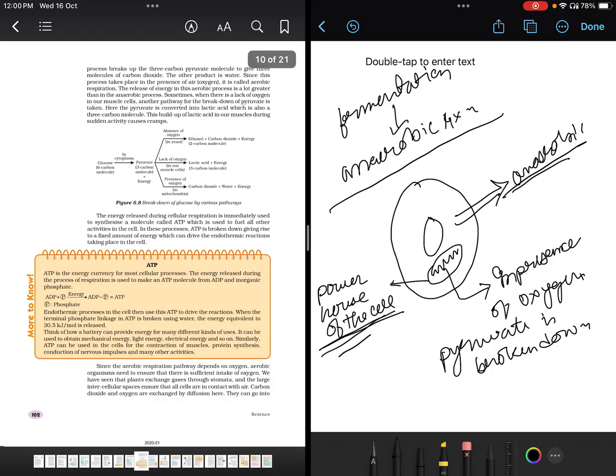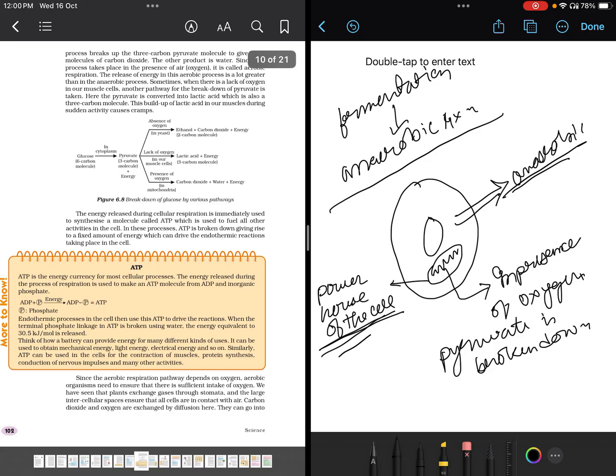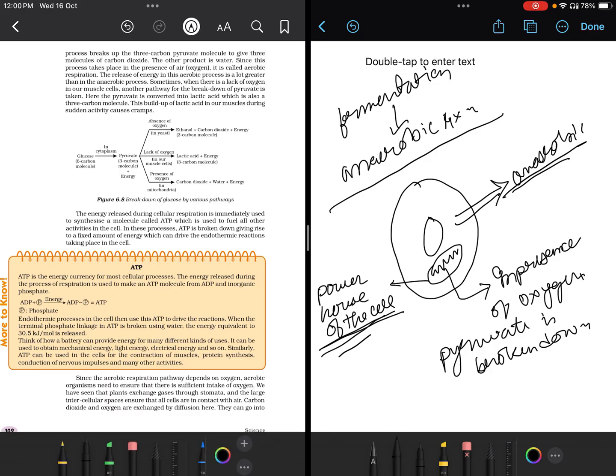Earlier, what we have seen in absence of oxygen, ethanol and carbon dioxide is given. Now, this process in the mitochondria breaks the three carbon pyruvate molecule into three molecules of carbon dioxide.